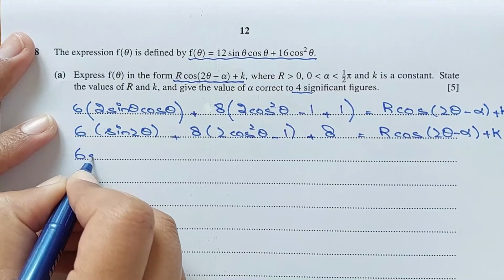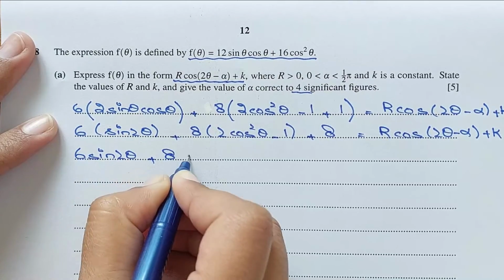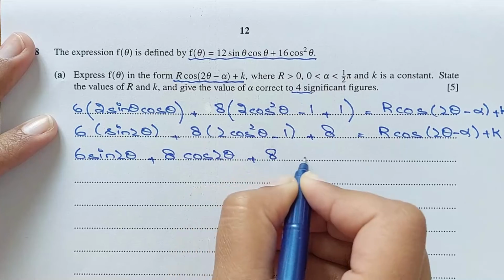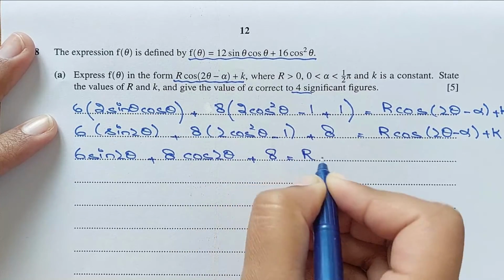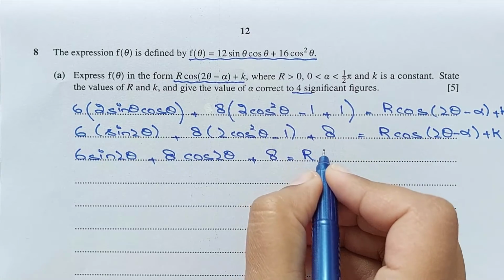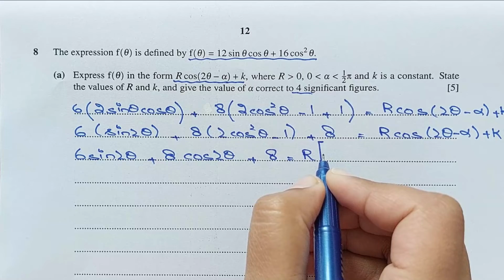This is 6 sine 2 theta plus 8, this is cos 2 theta, plus 8, this is equal to r, opening the formula here, which is cos(2θ minus alpha).